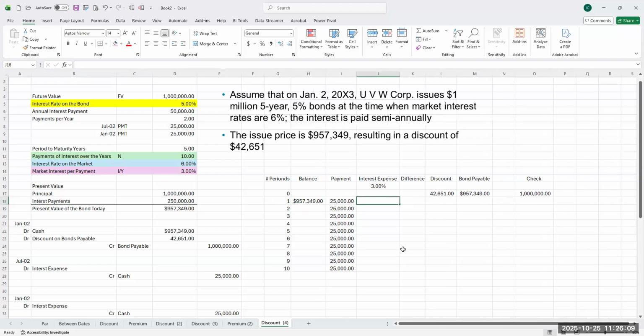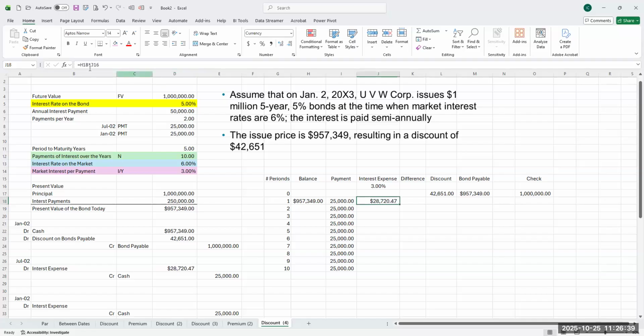The interest expense will be calculated on the balance outstanding times the market rate, and that interest expense is going to flow directly to my journal entry.